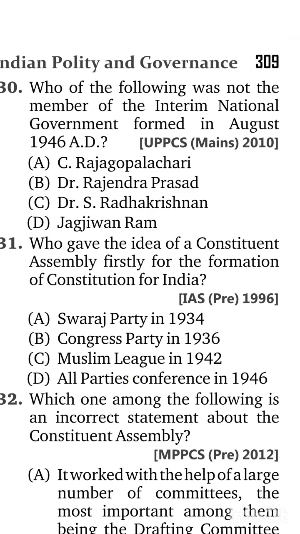30th question. Who of the following was not a member of the interim national government formed in August 1946? Option is C. Radhakrishnan. All others were members of the national government: C. Rajagopalachari, S. Radhakrishnan, Jagjivan.